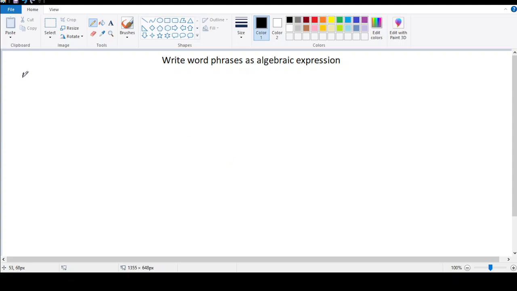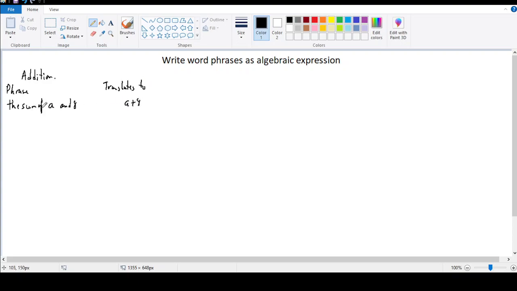In addition, the phrase will come first. We'll write here: the sum of a and 8. That translates to a plus 8.